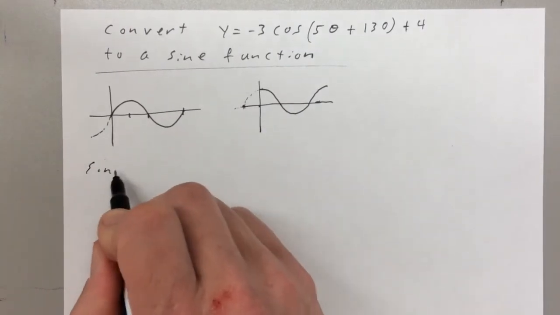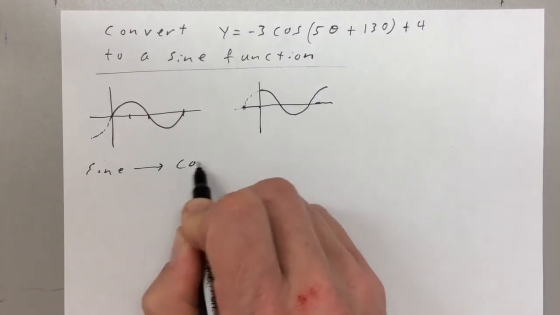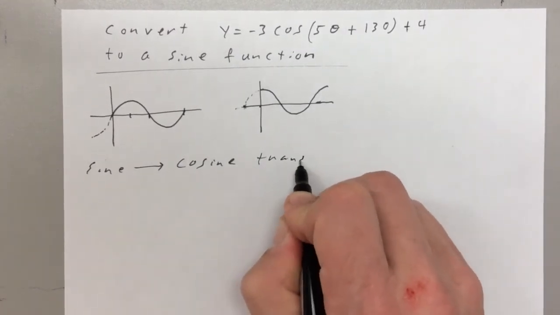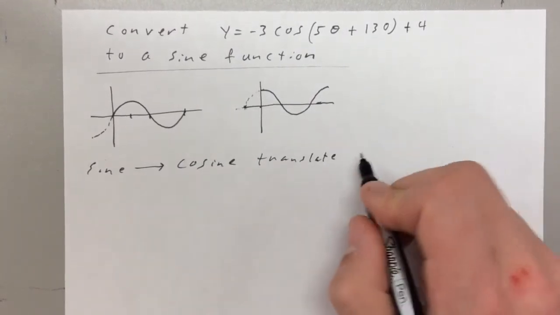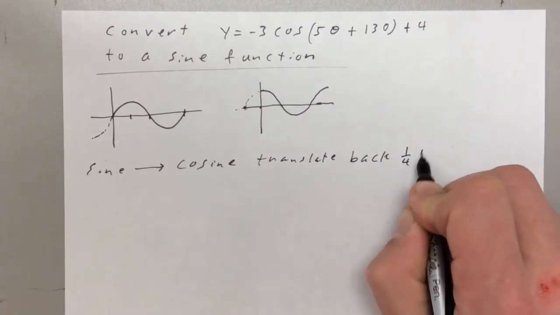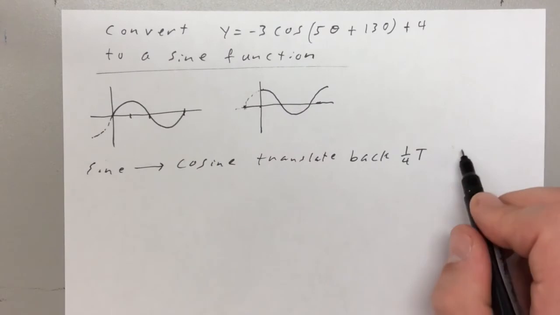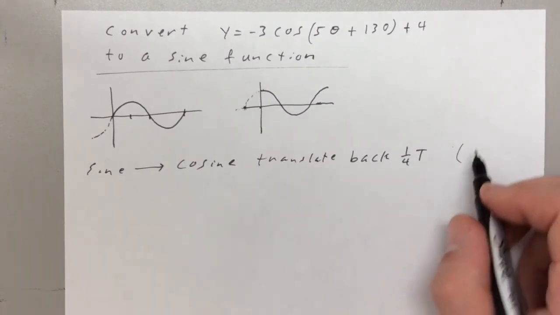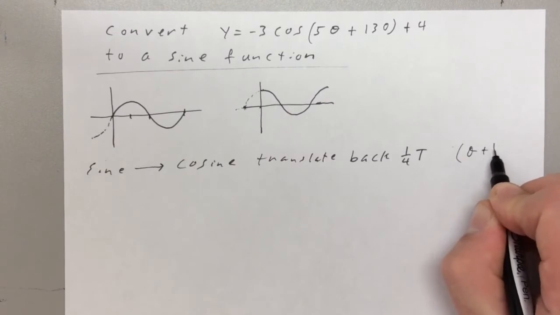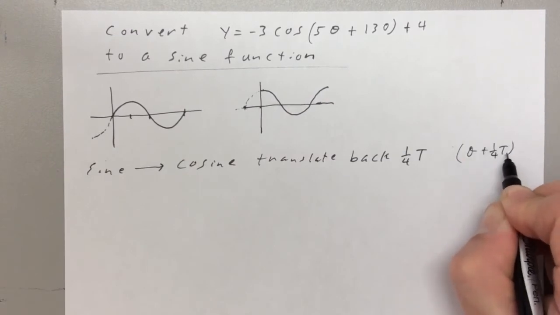Okay, so look at this sine to cosine. We translate back 1/4 of a period. So basically in the function you'd have theta plus 1/4 the period.